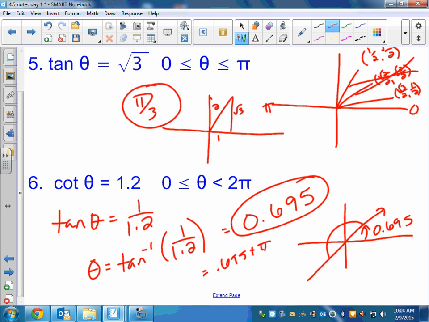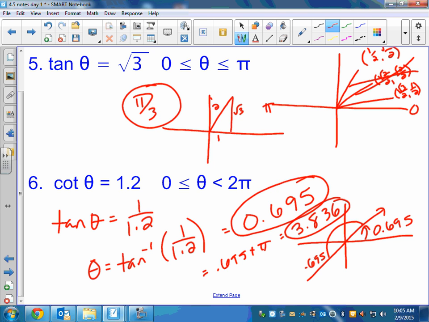Or you can use the idea of reference angles and say you know that this is also 0.695 and pi plus 0.695. You should get an answer of like 3.836 if we're going 3 decimals. This is where you have to use a decimal. You can't give me an exact answer like this. But on number 5, you could give me an exact answer on that question.